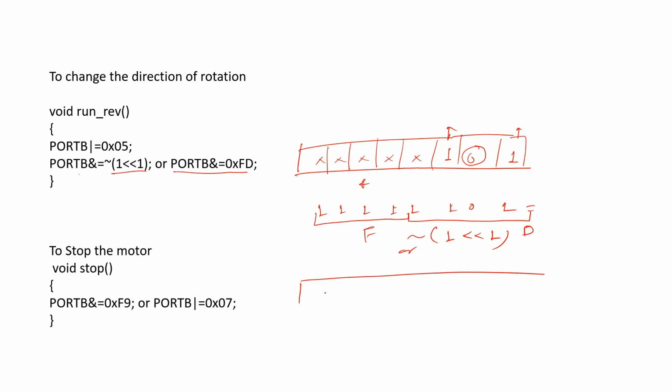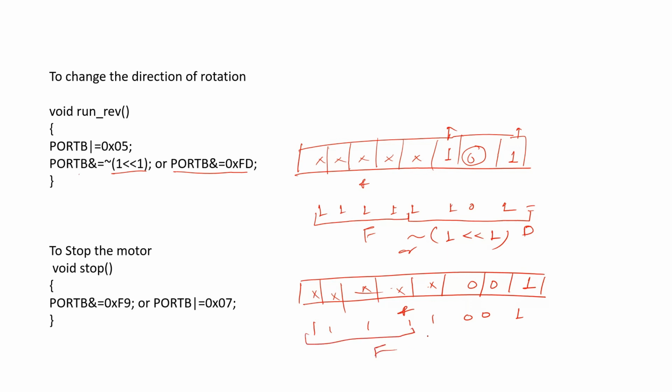Now to stop the motor, let's say enable is 1, so we can make this bit 0 to stop the motor. We can do an AND operation with this number, 11111001.